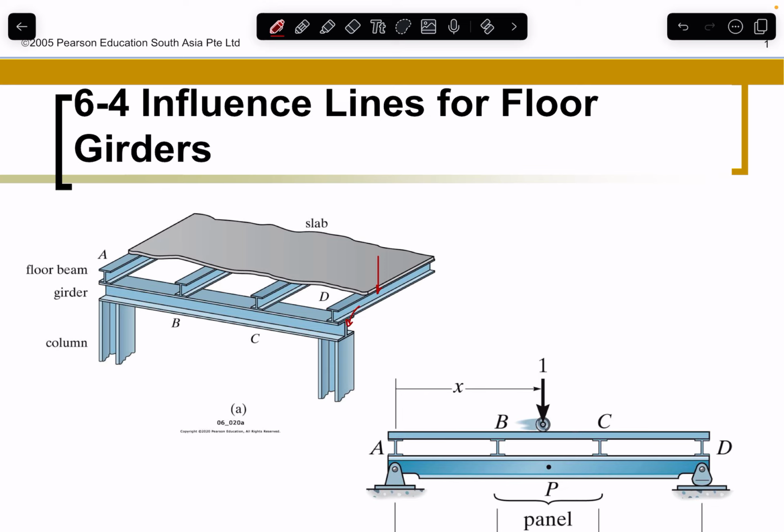Loads from the girder will end up transferring to the column. So this is how the loads from the floor are transferred: first the slab, second the floor beam, third the girder, and fourth the column.